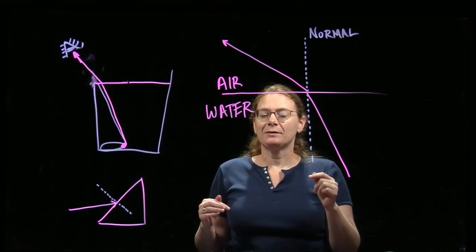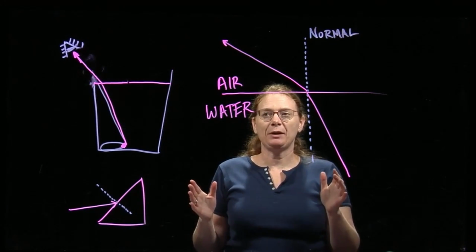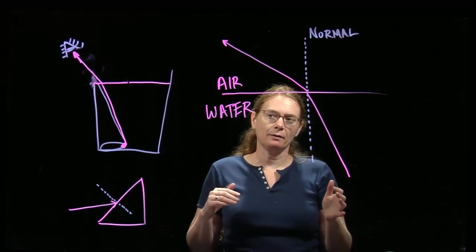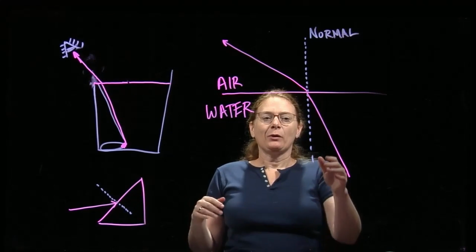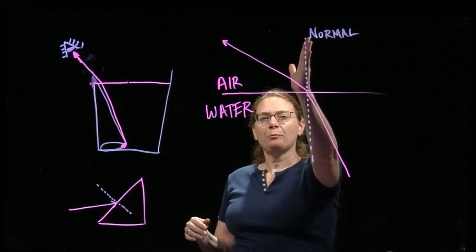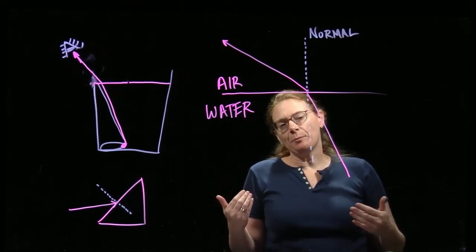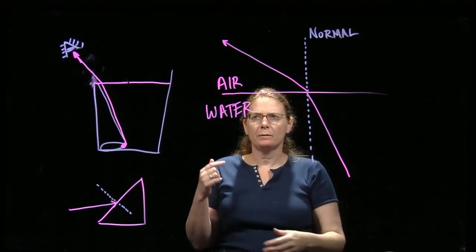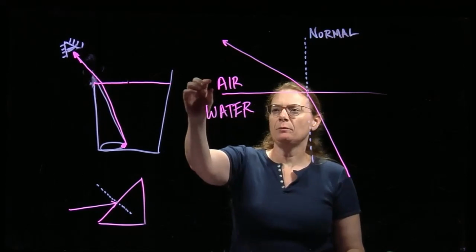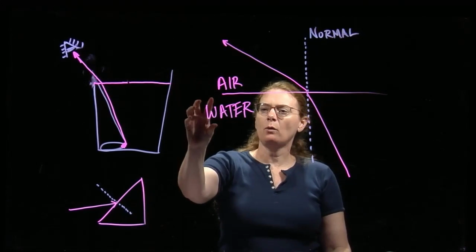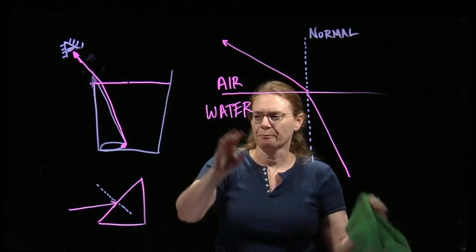Okay, so refraction happens because light changes speed when it changes media. When we go from water to air, it bent this way. Now let's think about the process of light moving through materials. Do you think that light moves faster through air or faster through water?